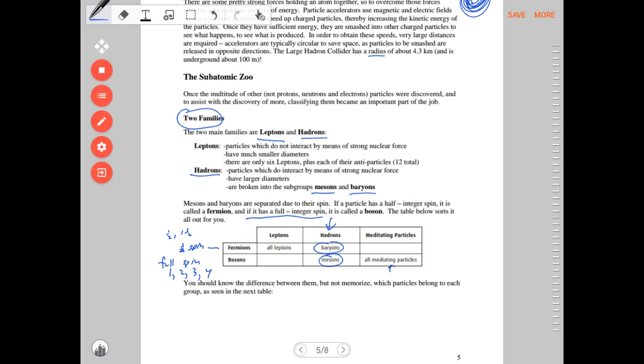Now, all the mediating particles for those forces we saw on the table last section are bosons. They all have full integer spins. You should know the difference between them, but not memorize which particle belongs to each group, as seen in the next table.